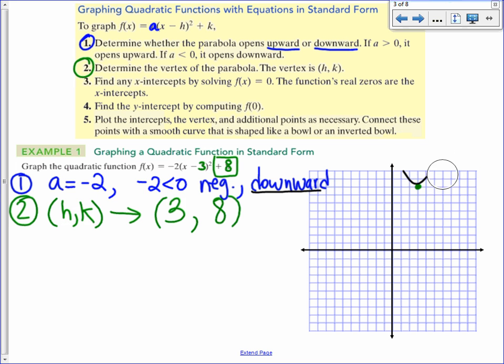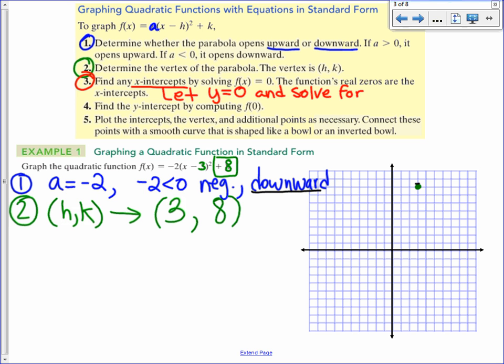So in this case, we know we are going to have x-intercepts, and that will be our next step here. To find any x-intercepts, it says to solve f(x) = 0. Another way to say that is to let y equal 0 and solve for x.